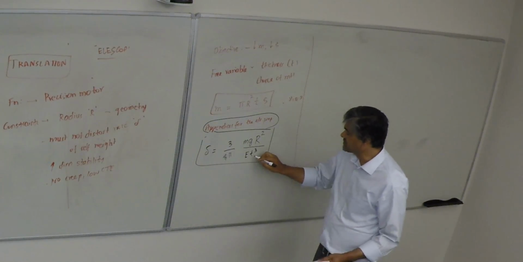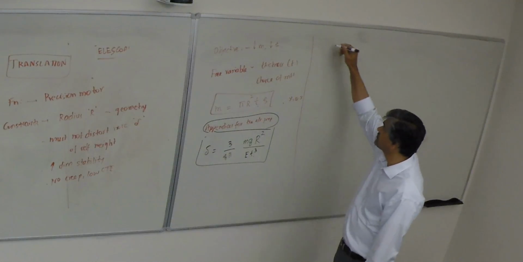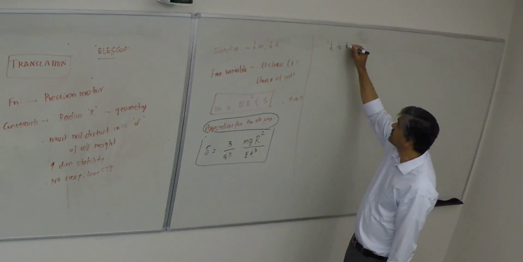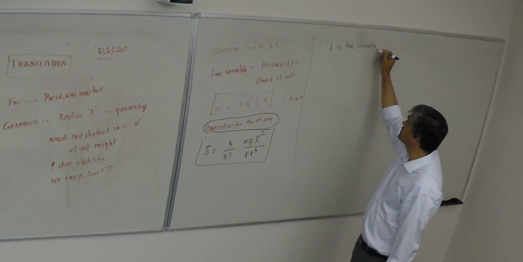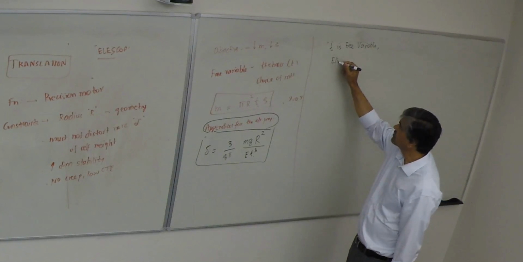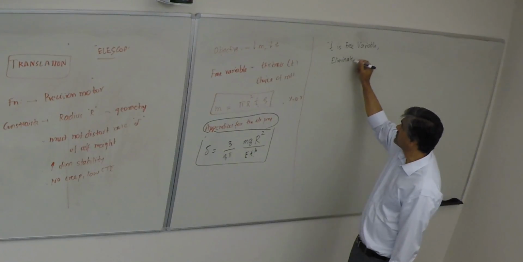So both these equations have t, and as you see, t is the free variable, right? And you can eliminate the t, just like we did in the other cases.